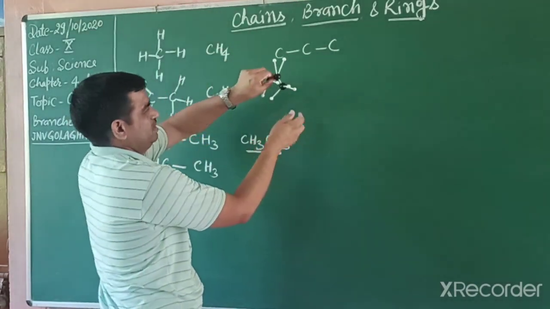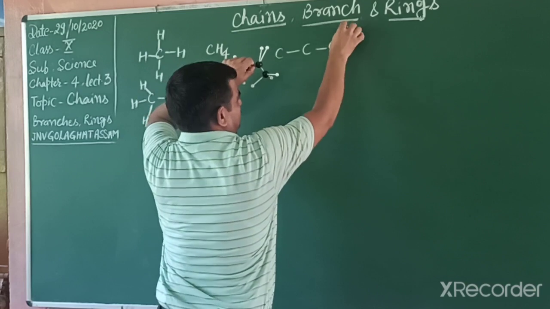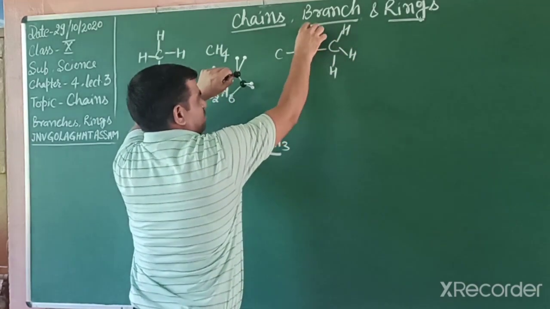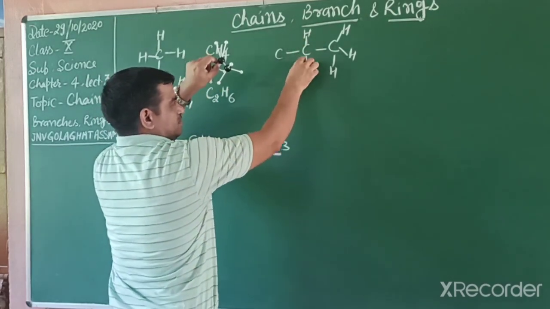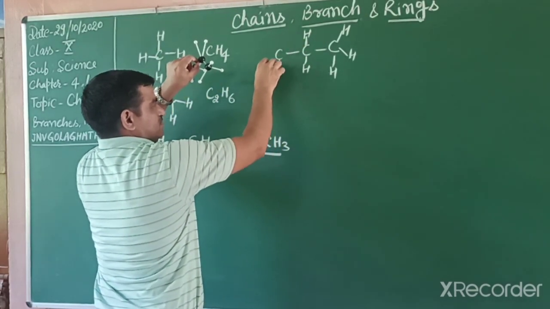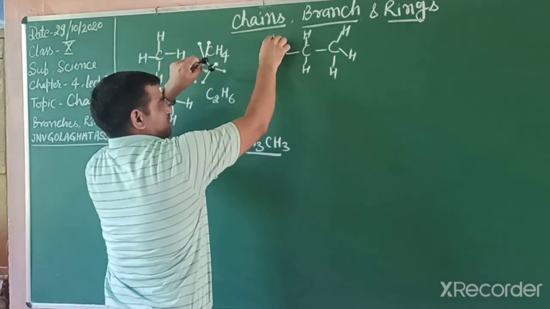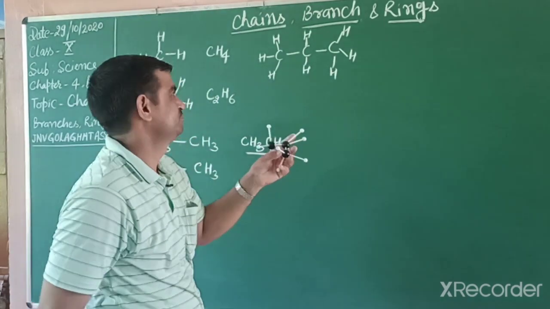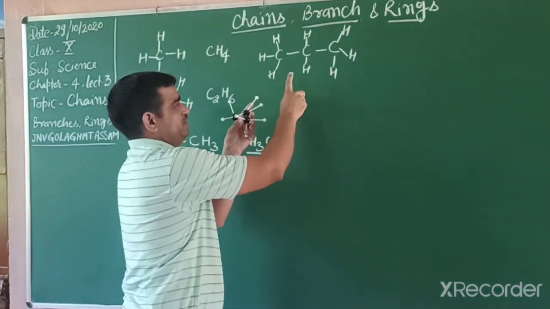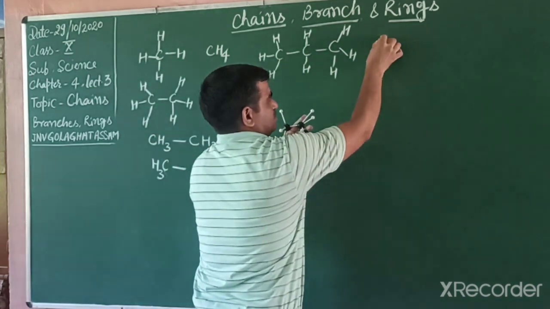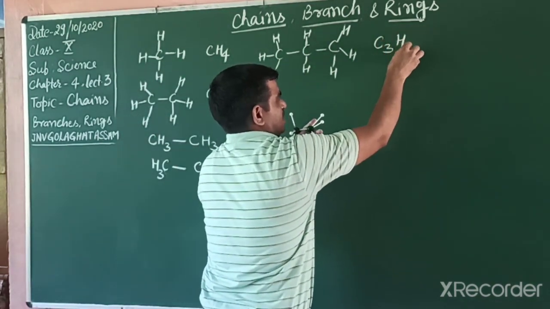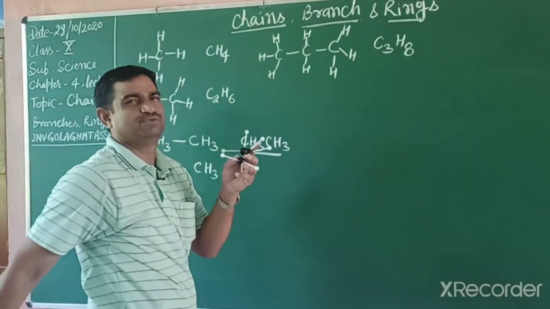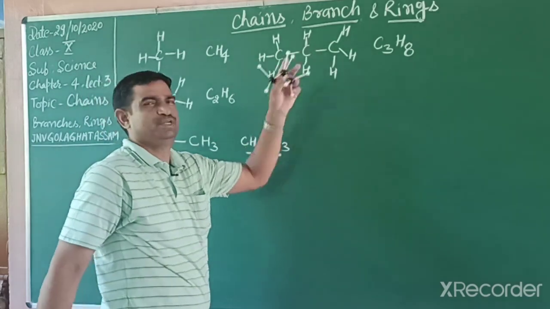You can see here the number of hydrogen, by counting the valency 1, 2, 3, you have to complete only 4 hydrogen. So for this next compound, how can you write the molecular formula? 1, 2, 3 means C3H8. 1, 2, 3, 4, 5, 6, 7, 8. You can count. This is the complete structure.